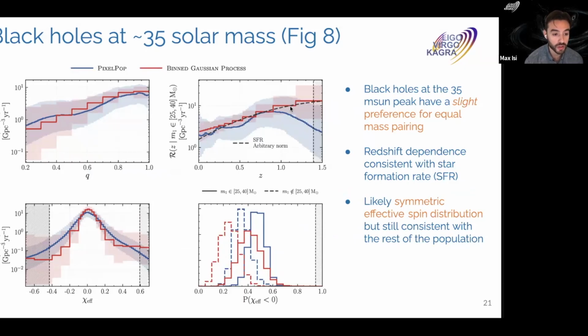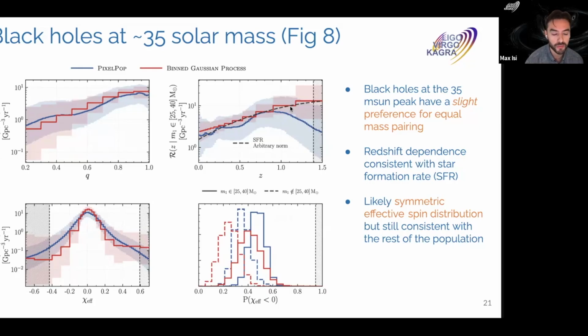To begin with, on the upper left corner of this plot, if we look at binaries in the range of 25 to 40 solar masses for the primary mass, and we ask what the mass ratios are, we find a preference for equal masses. This comes from the fact that these curves, both from Pixel Pop in blue and the Bin Gaussian process in red, are peaking at 1, so q equals 1, which means equal mass pairings.